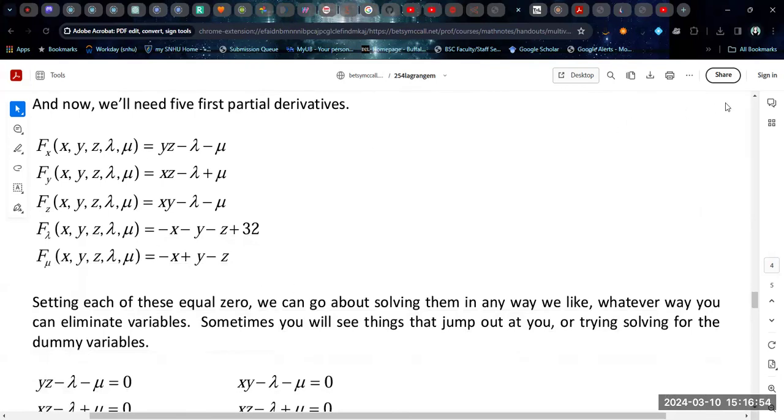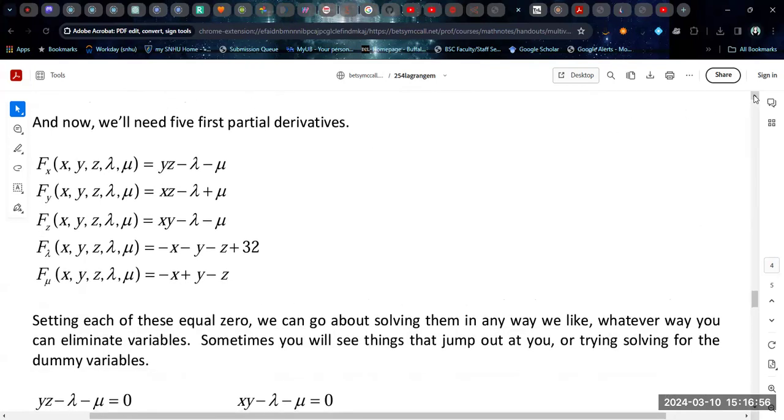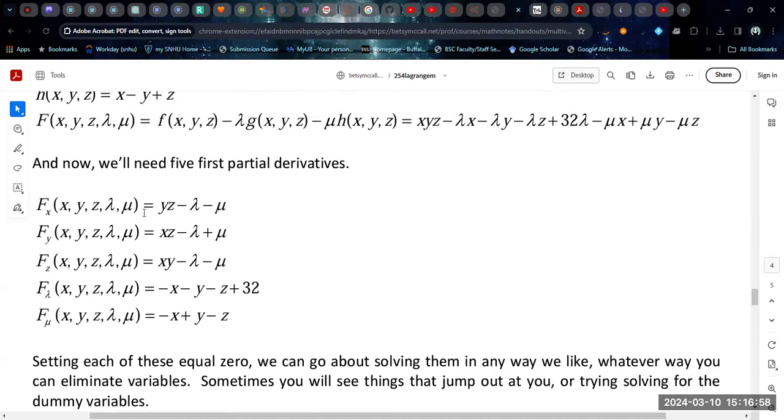So the derivative, let's go back and look at our function. The derivative for x is going to be yz, and then minus lambda, and then also minus mu. Fy, xz minus lambda plus mu. Xy for the derivative for z minus lambda minus mu.